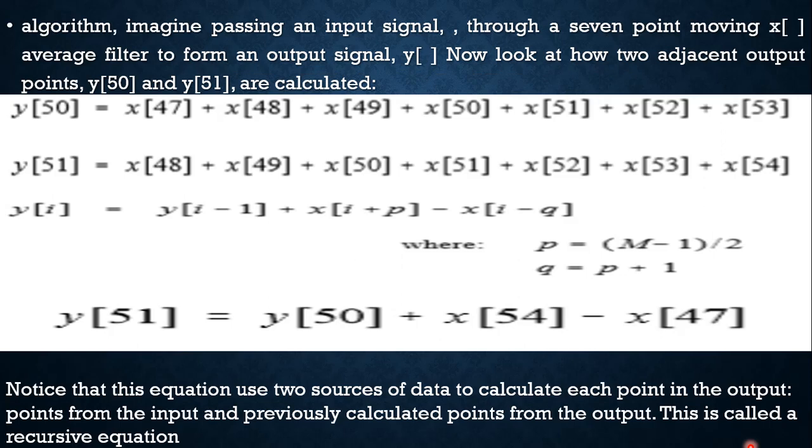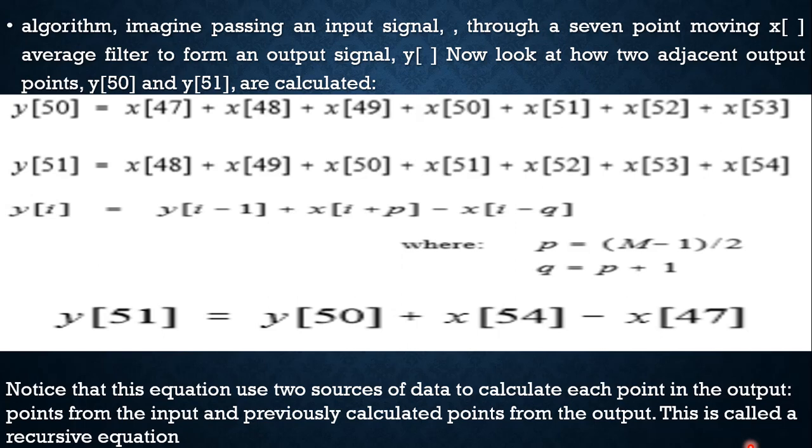Here is an example. Algorithm: imagine passing an input signal through a 7-point moving average filter. Now we have to design a 7-point moving average filter, and the points indicated here are y of 50 and y of 51.